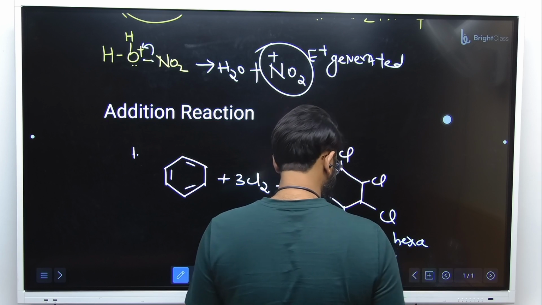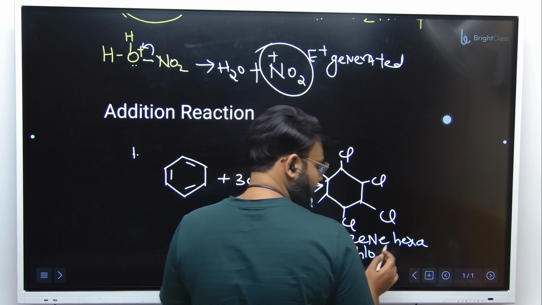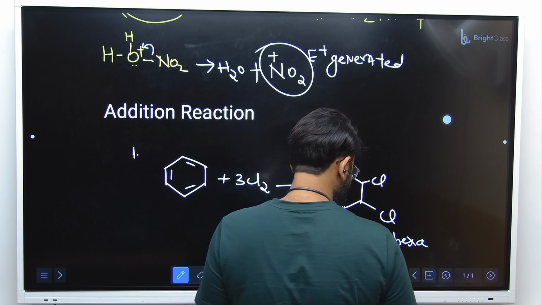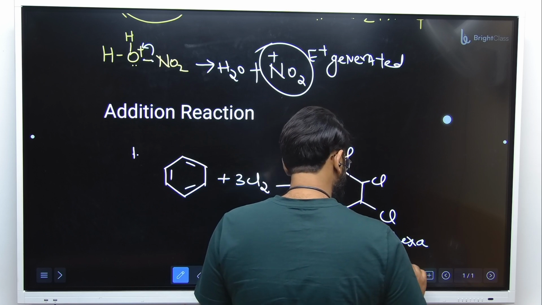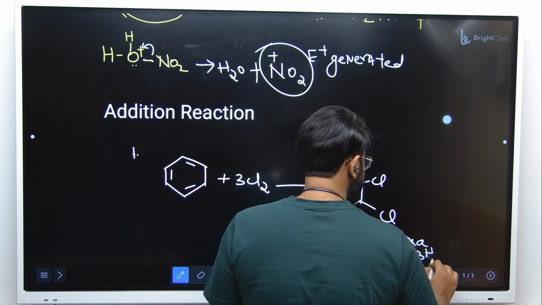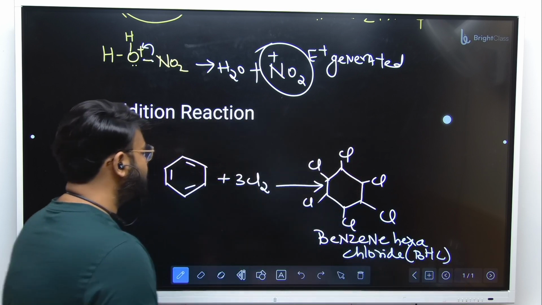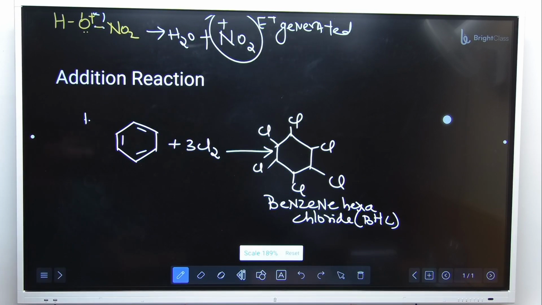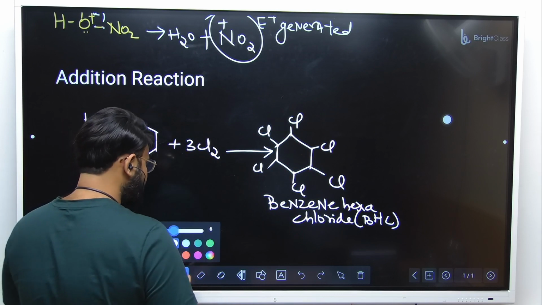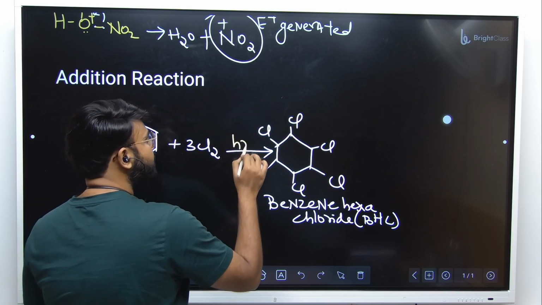Pranav, you got it? Yes, sir. Got it. So we call it BHC, benzene hexachloride. One more thing, this reaction requires sunlight. So you take hν.